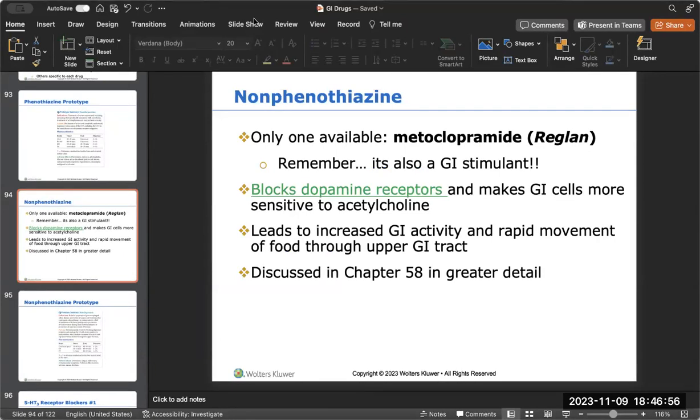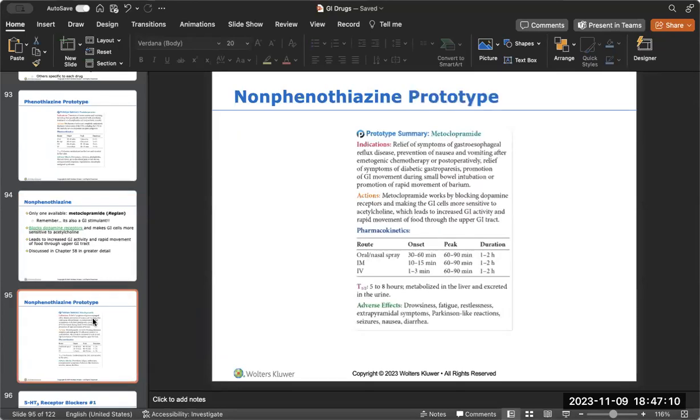So remember, metoclopramide we talked about is a GI stimulant, but it also causes prevention of nausea and vomiting. Okay, so that's something that we see with this type of drug. It works by blocking those dopamine receptors and making the GI cells more sensitive to acetylcholine, which helps with preventing nausea and vomiting.